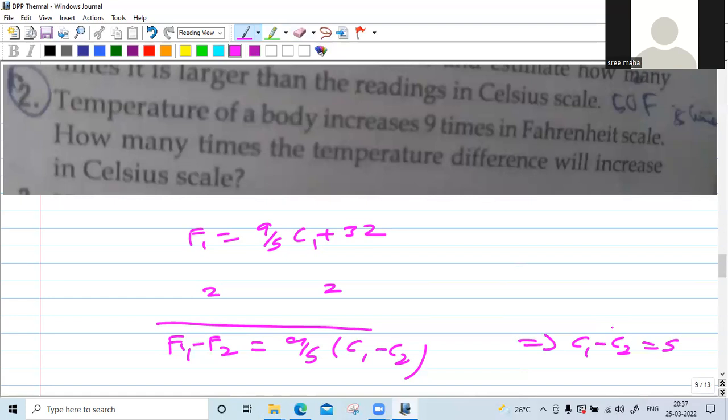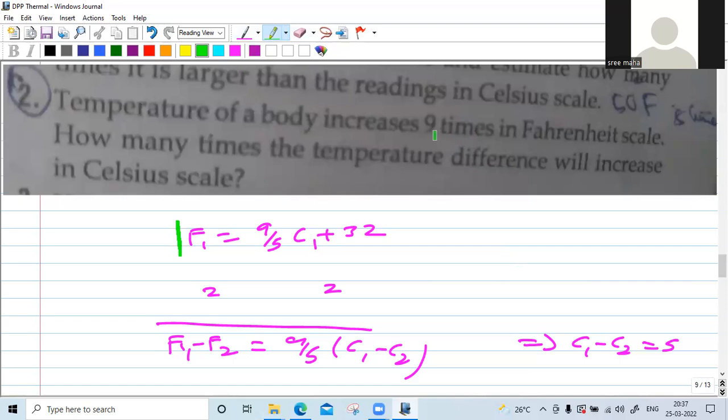Yes, sir. 5. Okay, understood, right? This is the relation. So if you put the first case, you get F1 and C1. In the second case, it's some F2 and some C2. And if you subtract these two, I get F1 minus F2. So the difference in Fahrenheit scale is what increases 9 times.